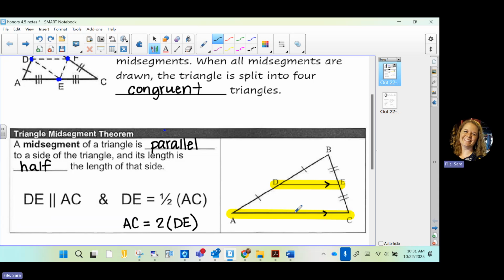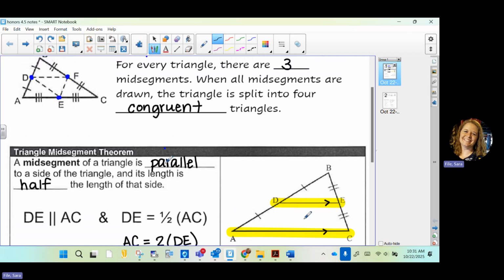Now, let's go back to this image up here in the top left corner. Now that we know that's the relationship between these sides, let's look when all three are drawn out. So let's start with EF.